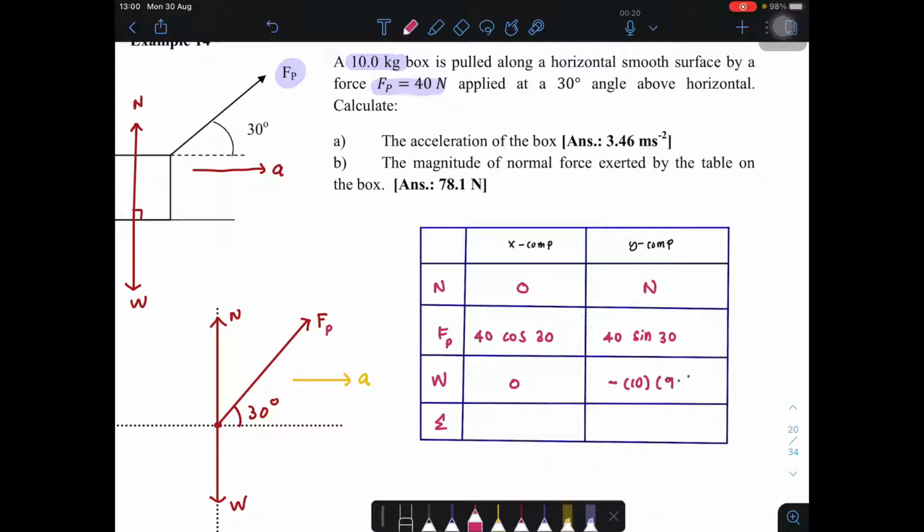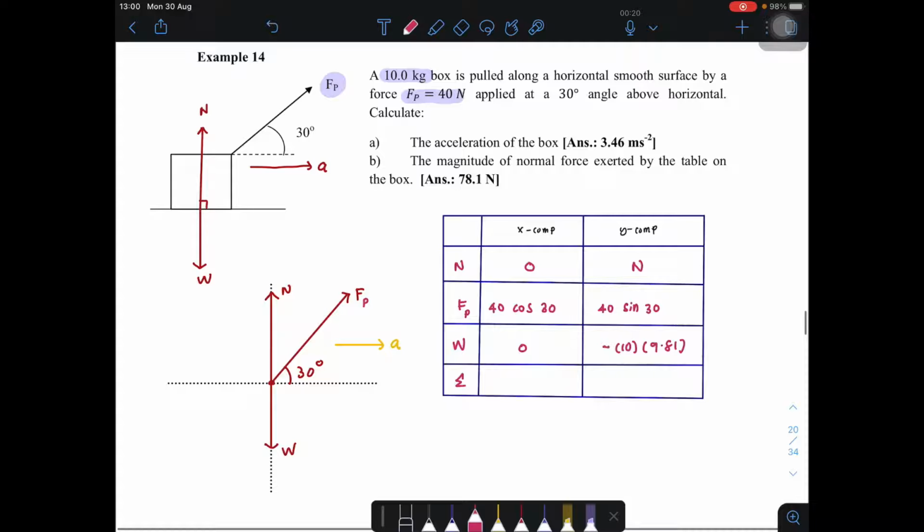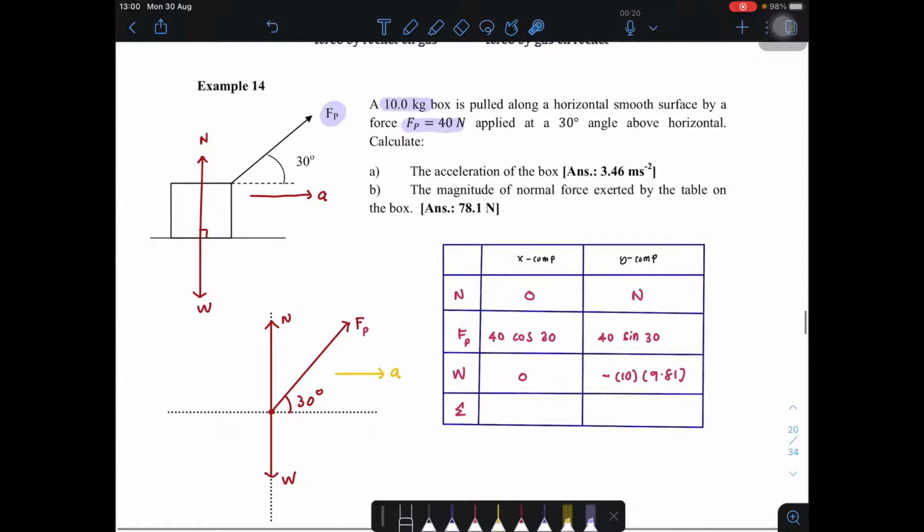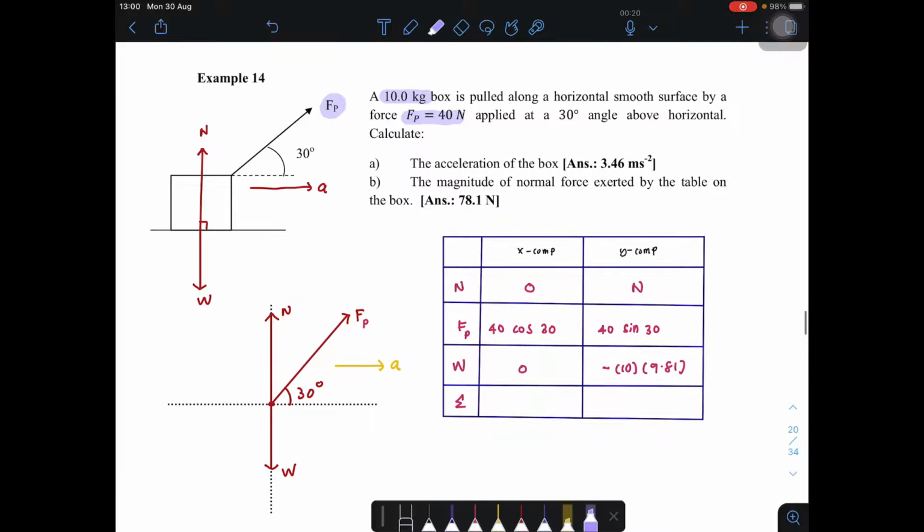Okay, and then you need to be careful here, because it's no longer the same as the first law. Now we have acceleration. So we need to make sure which axis and which component the acceleration is on. That's why we labelled it going to the right, meaning it is on the x component.